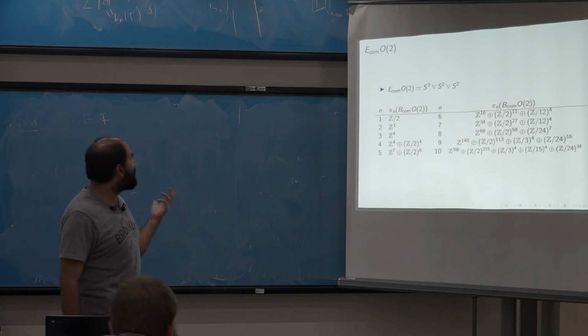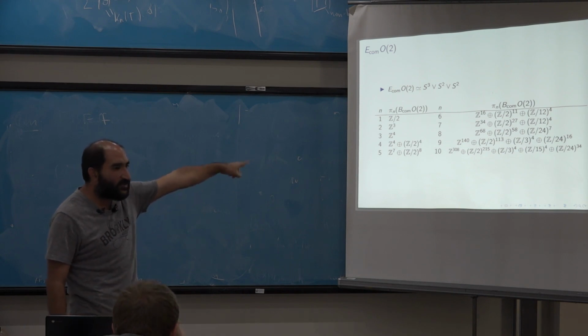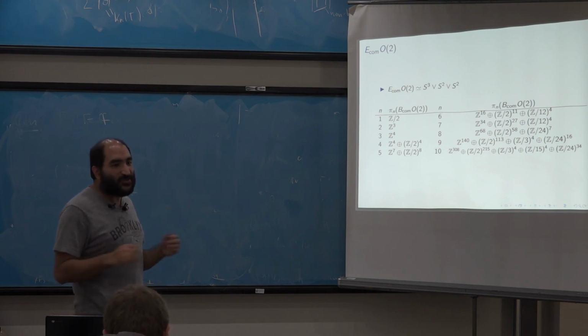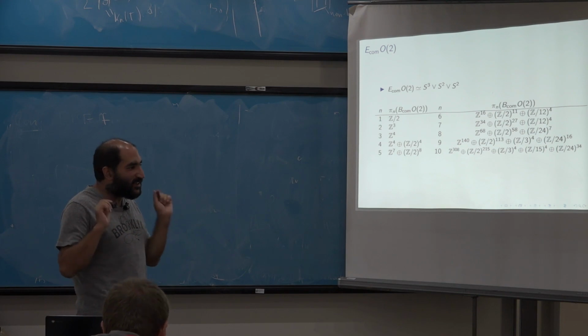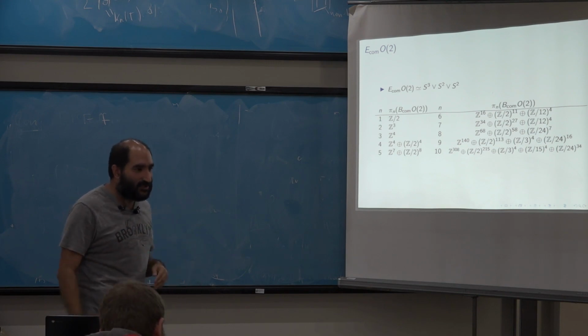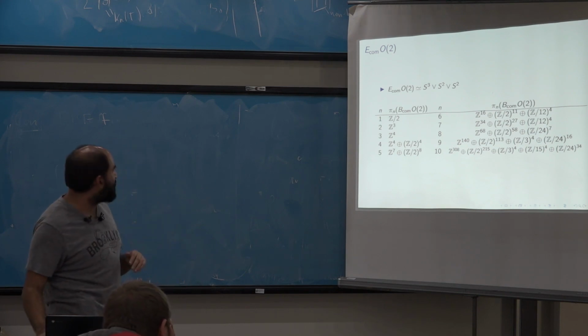Okay, so the homotopy groups of E_com O2 are enormous. They're almost as big as these. And all of those are just different non-isomorphic commutative structures on the trivial bundle. So the theory gets complicated.